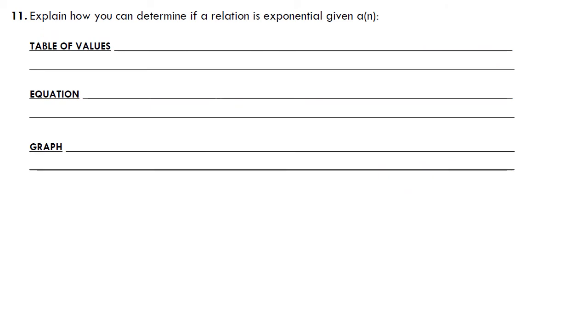Our next question, explain how you can determine if a relation is exponential given each one of these things. So explanation could be point form, could be full sentences, could involve a picture or a diagram from a table of values. You know that it is exponential if the ratios are equal.